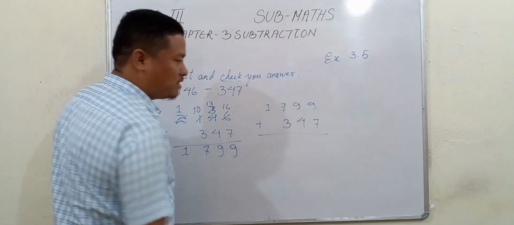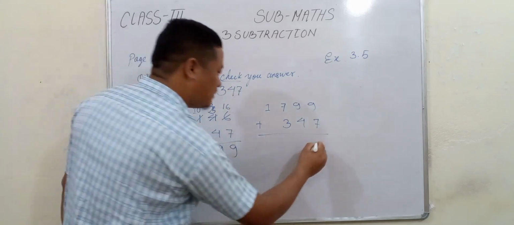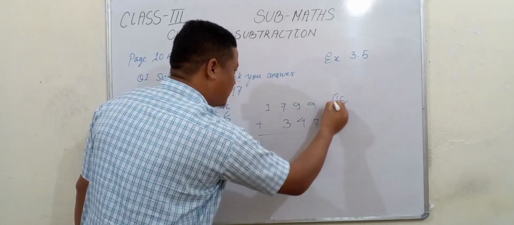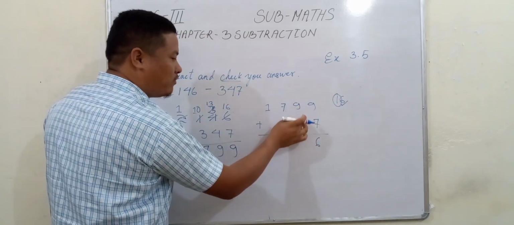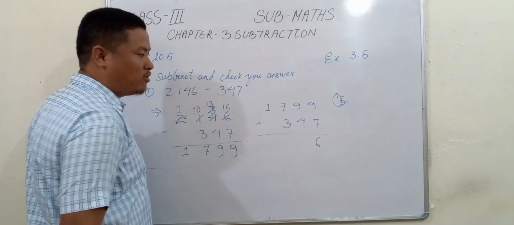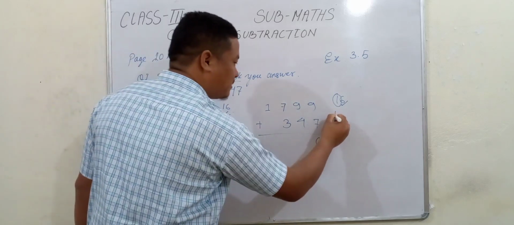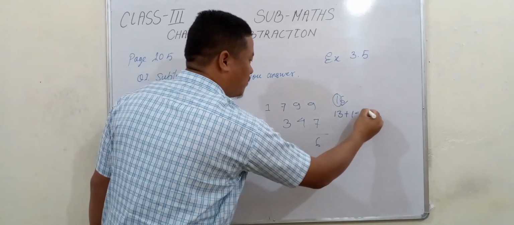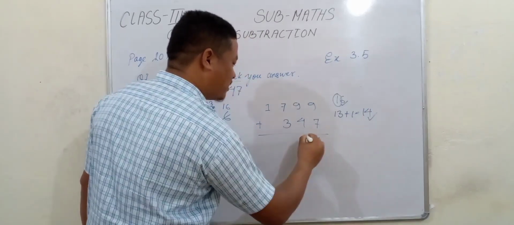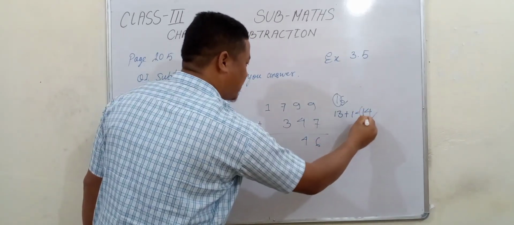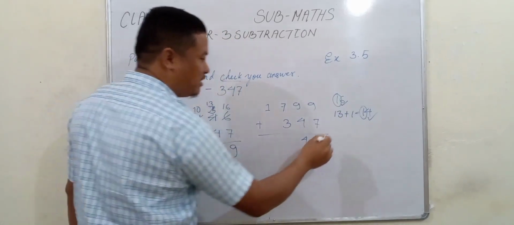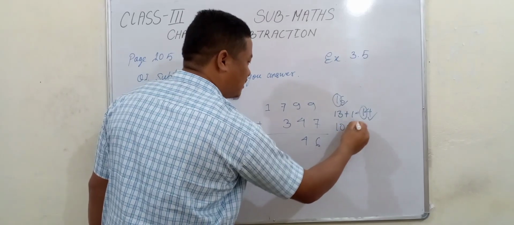9 plus 7 is 16. 6 we will write here, and this one will be remainder. So 4 plus 9 is 13. 13 plus remainder 1, 14. We'll write 4 here, and this one will be remainder again. 3 plus 7, 10.